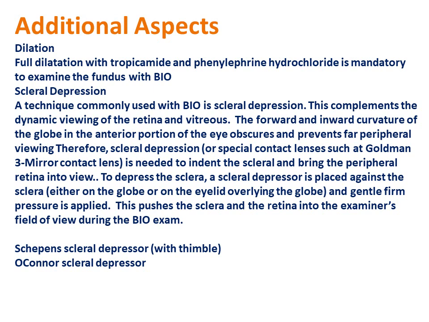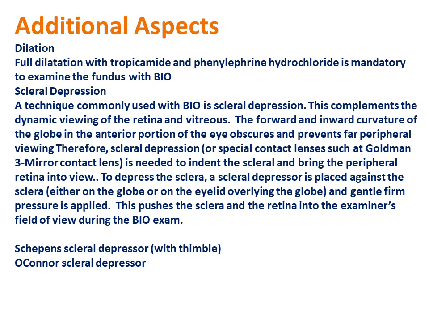Next, one more technique which will help the examiner to find various diseases in the periphery is scleral depression. A technique commonly used with binocular indirect ophthalmoscopy is scleral depression. This complements the dynamic view of the retina and vitreous. The forward and inward curvature of the globe in the anterior portion of the eye obscures and prevents peripheral viewing.